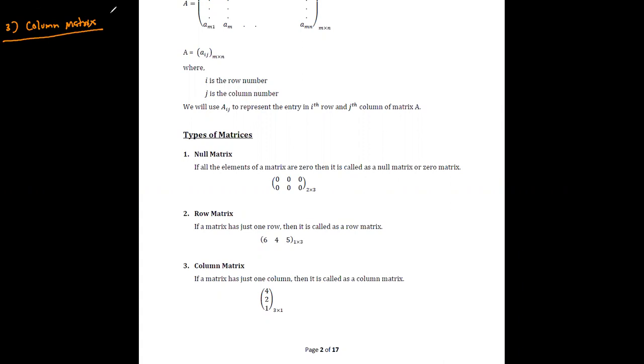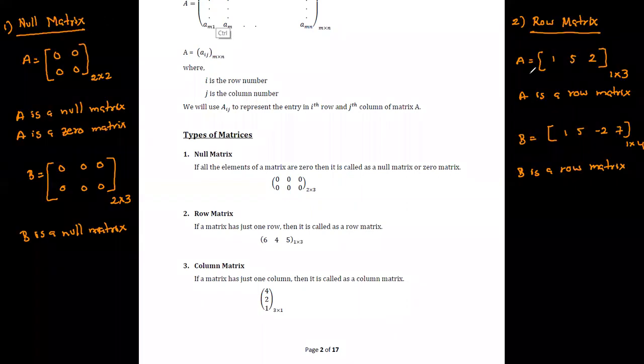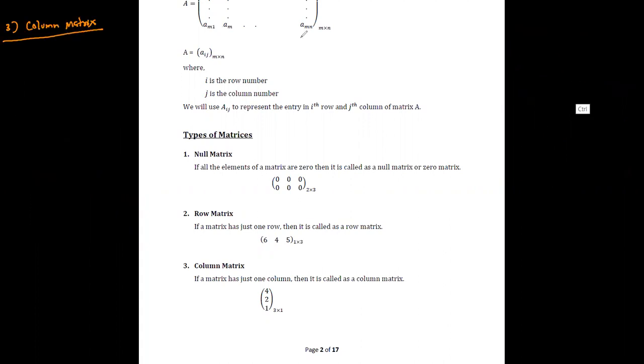When we discussed the row matrix, we said that if a matrix has only one row, then such a matrix is said to be a row matrix. Now, if there is only one column in a matrix, then such a matrix is said to be a column matrix. Therefore, a matrix having only one column is said to be a column matrix.